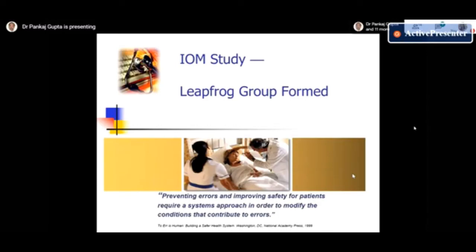This is a patient safety group, because all these employers said that if so many patients are dying because of preventable medical errors, this is a patient safety issue. And this is a loss to us, because if you were to go to Seattle, it is said that you are either working for Boeing or Microsoft, or you're related to somebody who's working there.